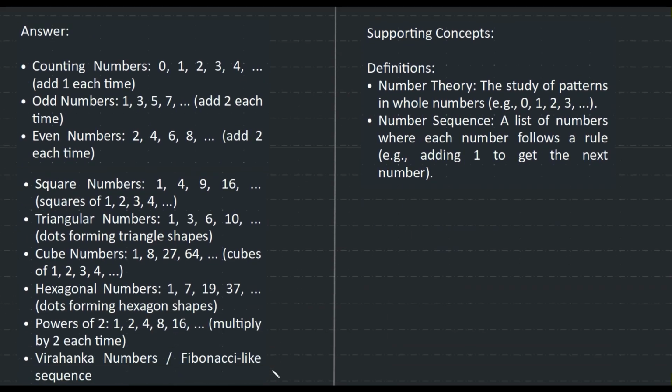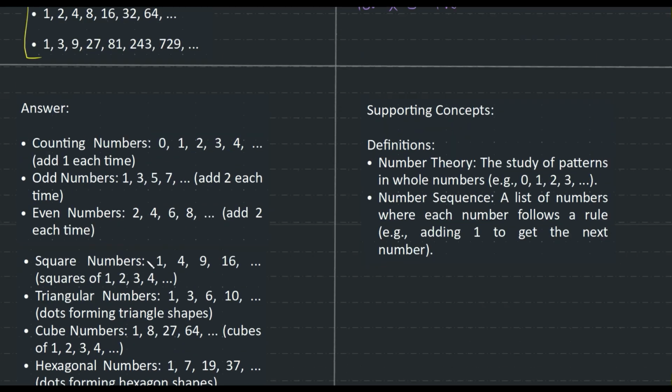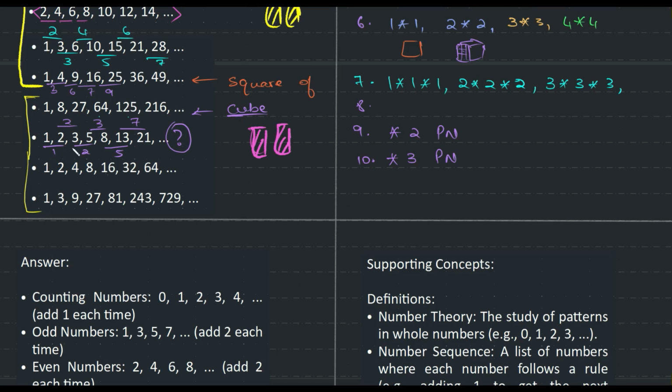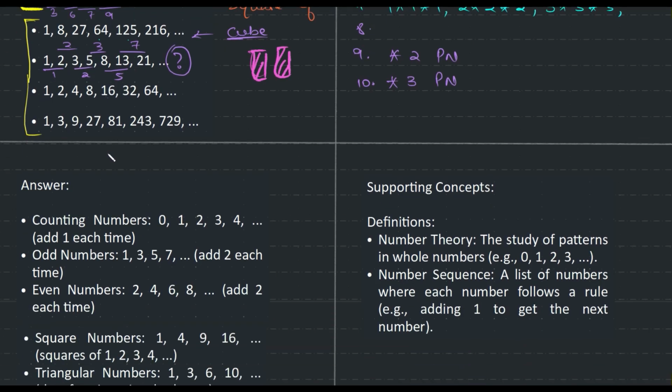So this is the answer. So what did I miss? Okay. This is not the answer actually. Counting numbers, adding square, triangle number. What I missed is 1, 2, 3, 5, 8.